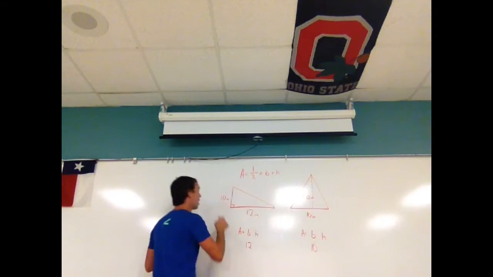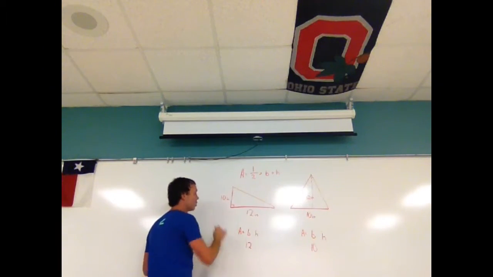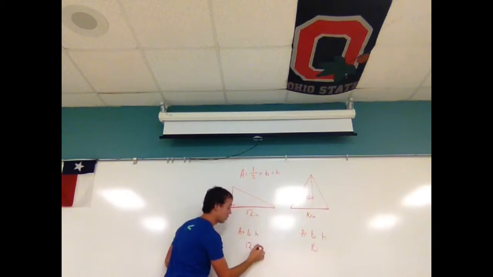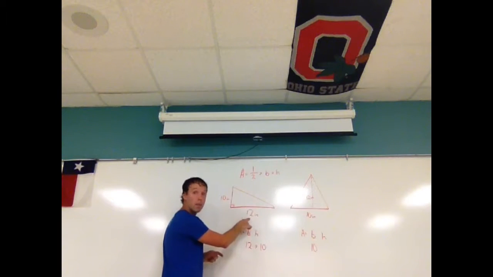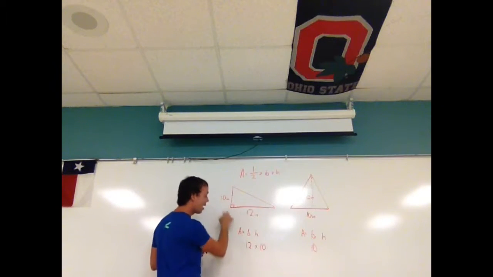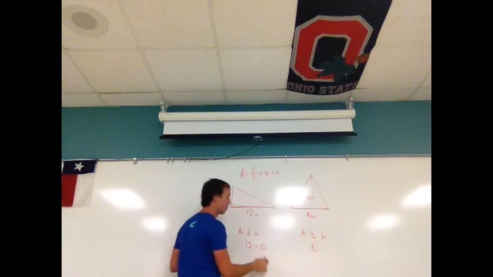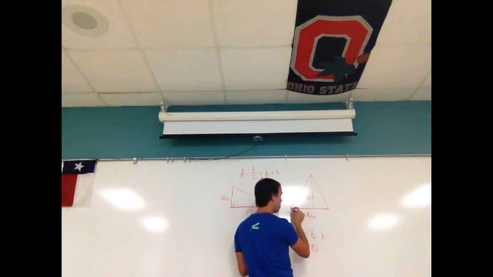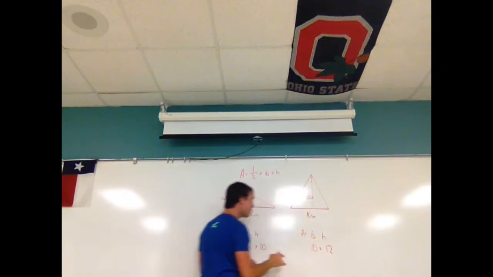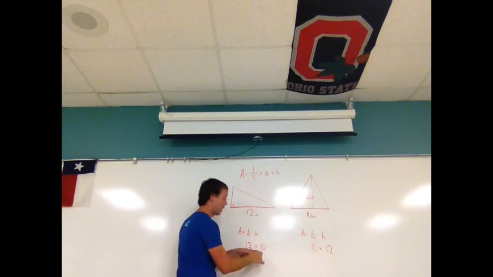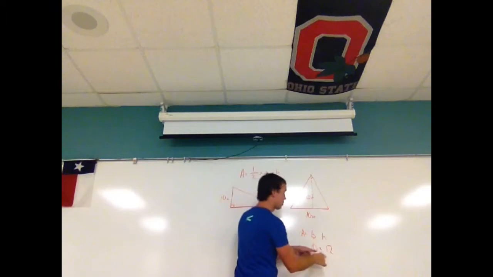The height of this triangle is going to be 10. So right now I have 12 base times 10 height. Over here, my bottom is 10. The height of this triangle is going to be 12. So basically what I've got here is 12 times 10, and here I've got 10 times 12.